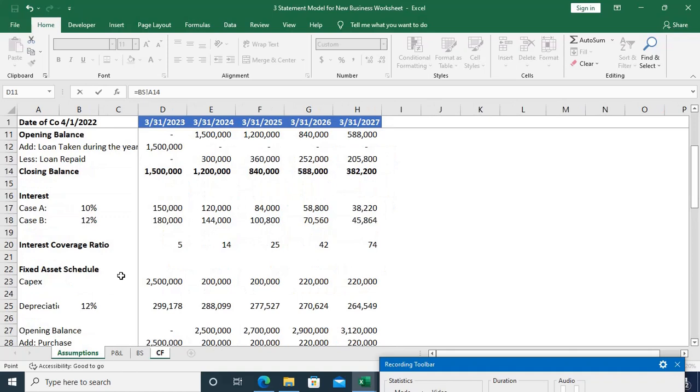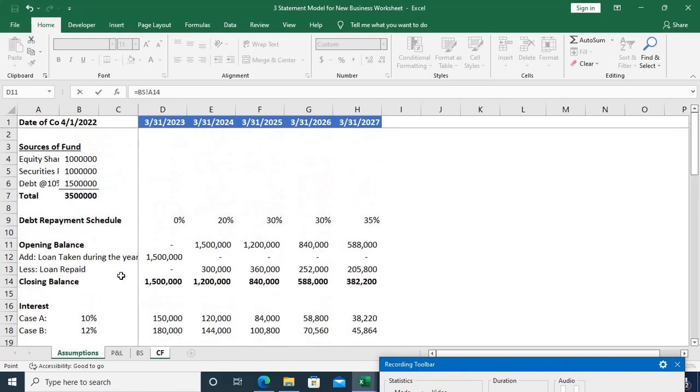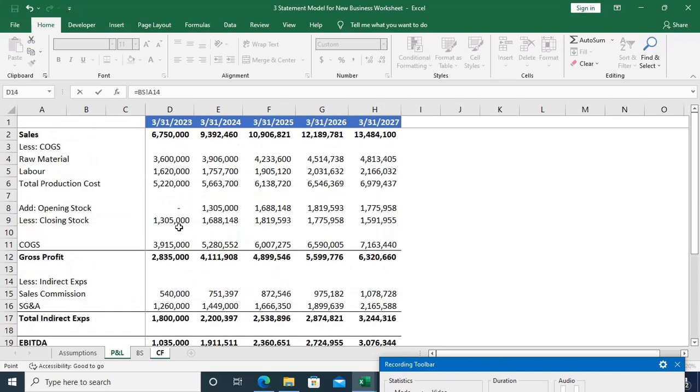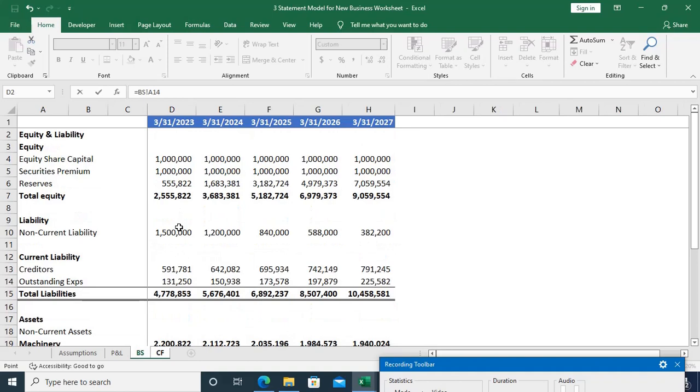I should take it from assumptions, I feel so. Here it is showing only this. Achha, here तो नहीं दिखाएगा. Then balance sheet total equity, no, not this one. Okay, we can just add it, no problem.